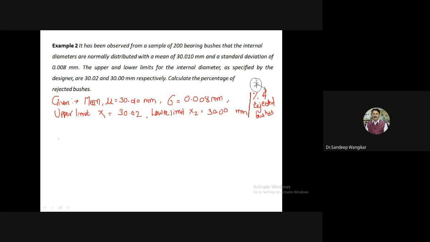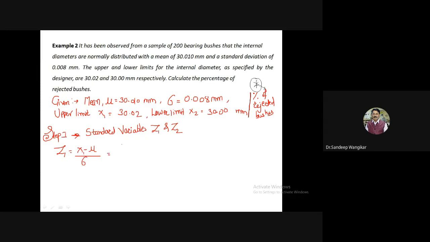So step number 1, standard variables Z1 and Z2. I will say Z1 is equal to X minus mu divided by sigma, and it is applying Z1, therefore I will say X1.